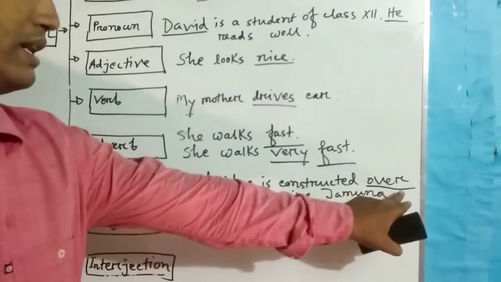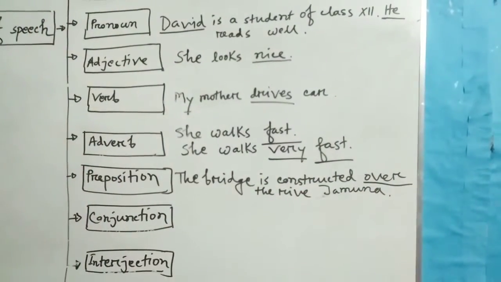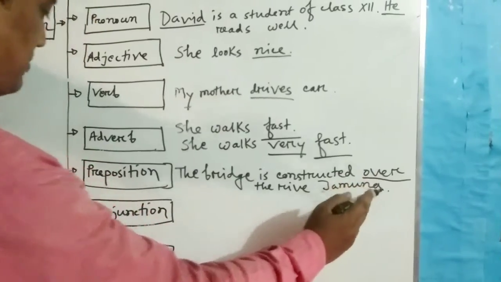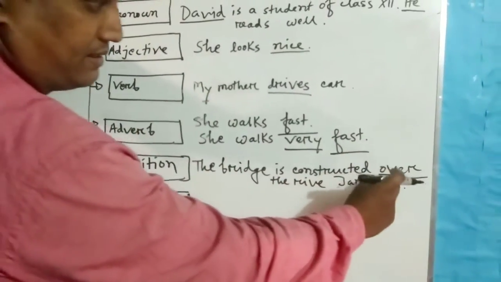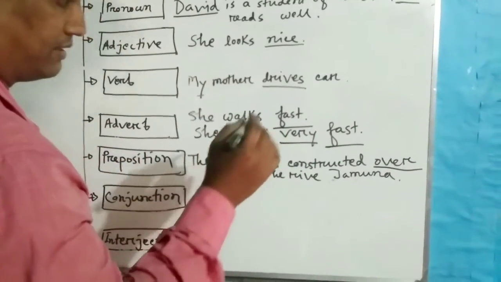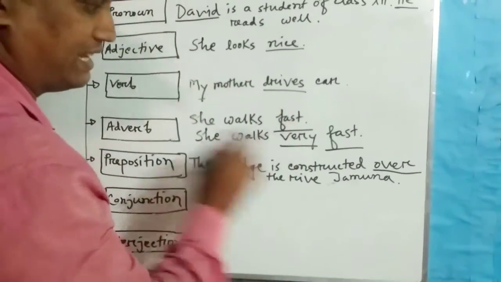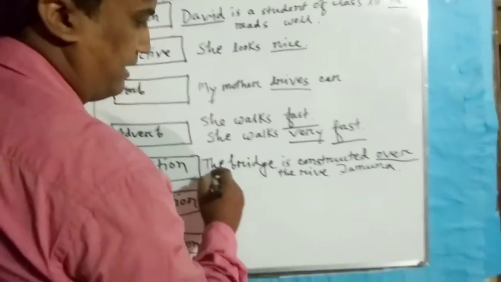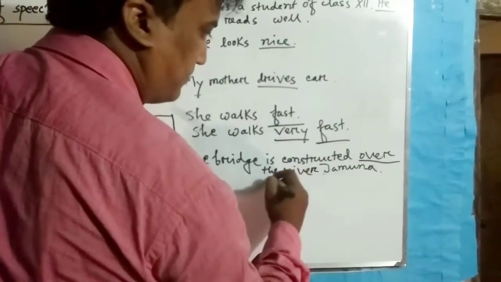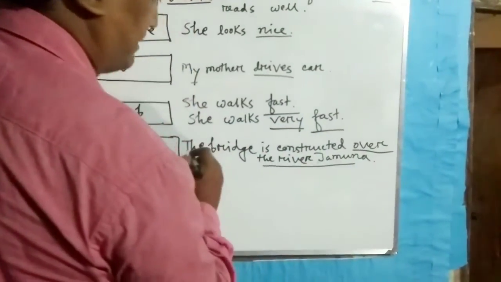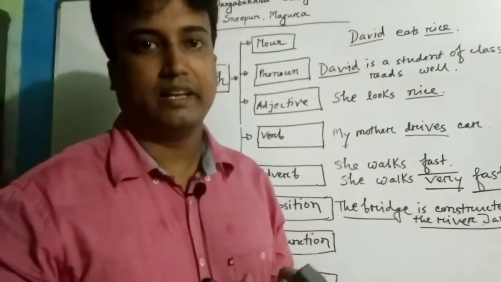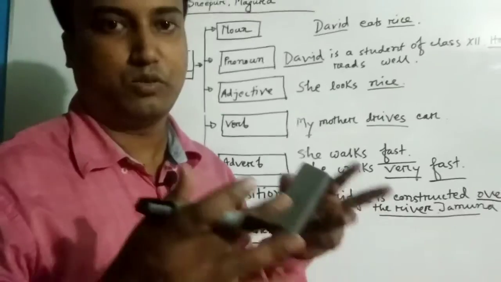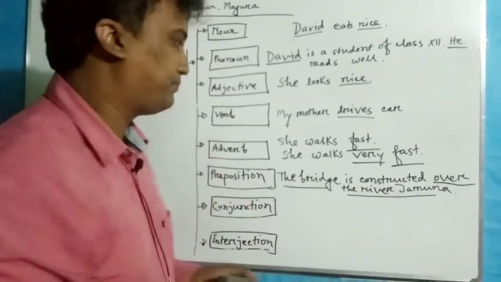Look at the underlined word over. So the underlined word over is the example of preposition because it describes the relationship between the other nouns, that is the river Jamuna and the bridge. It makes actually a relationship between the two nouns or noun phrase.